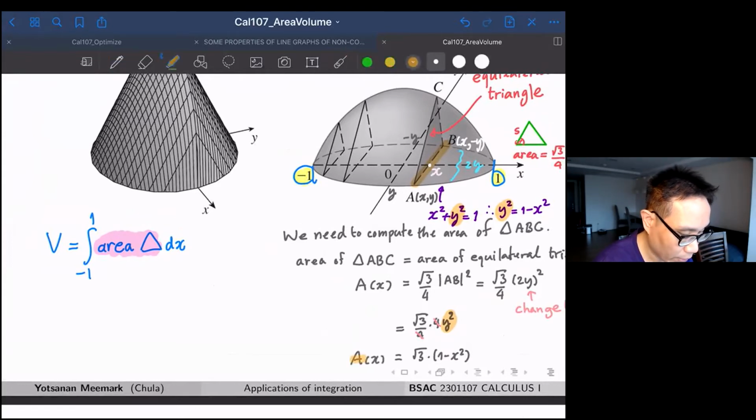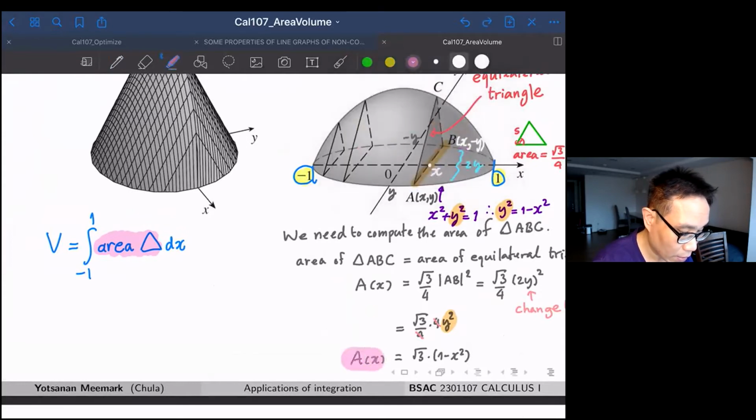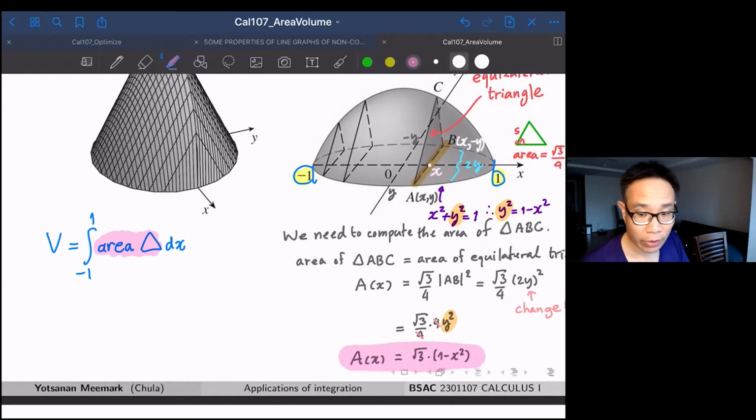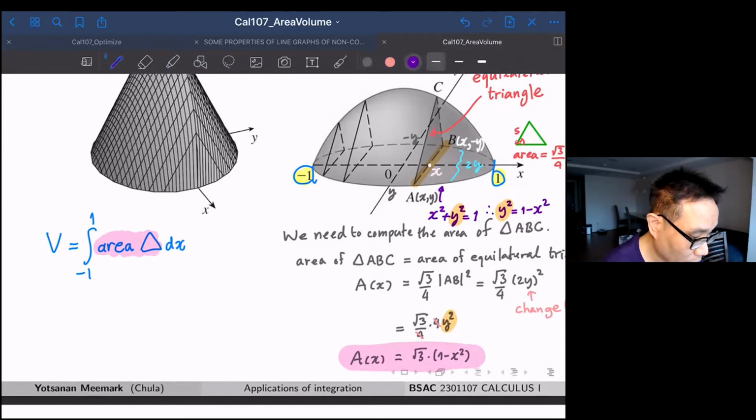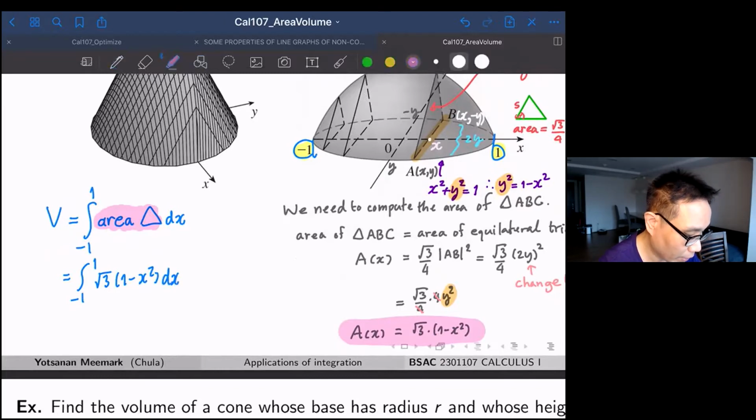So you have A of x equal to root 3 times 1 minus x squared. For this, you integrate from negative 1 to 1 of root 3 times 1 minus x squared dx. Then you just integrate this.